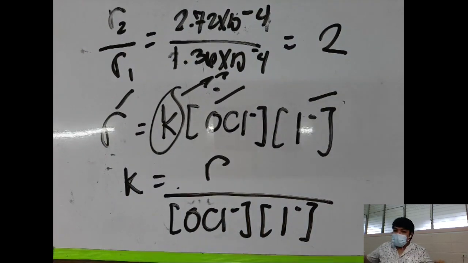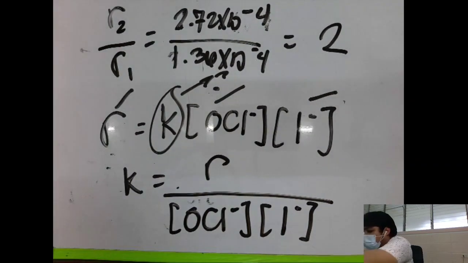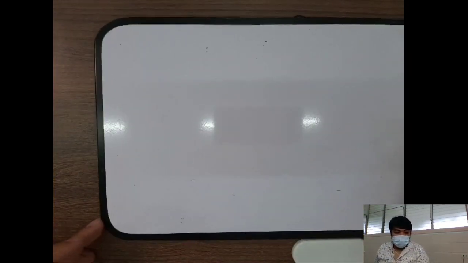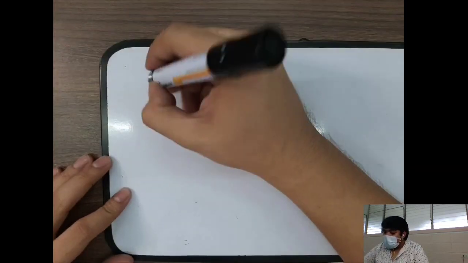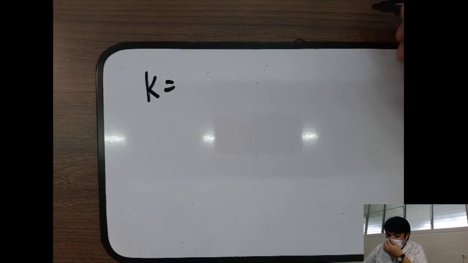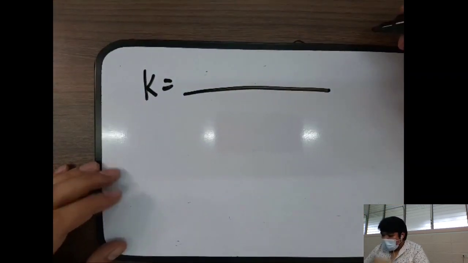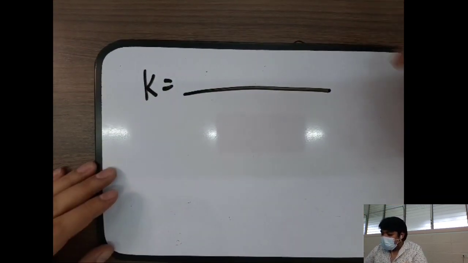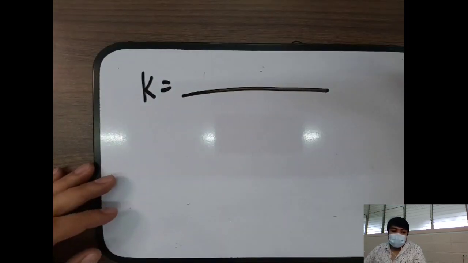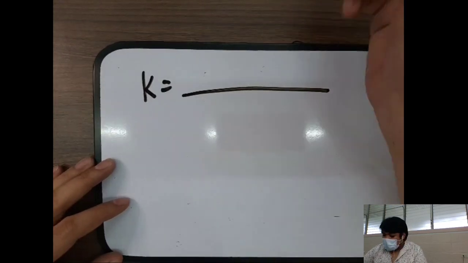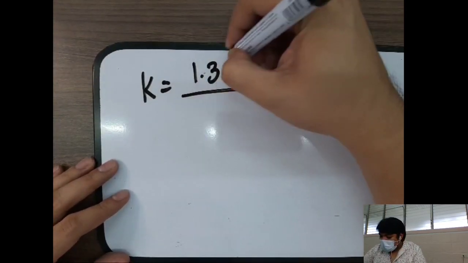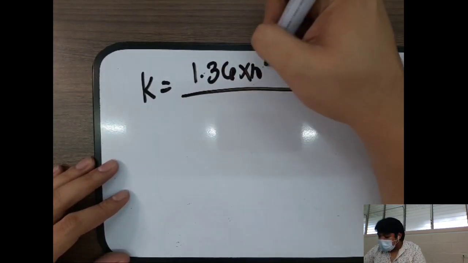Then we substitute our values. So I'll change my board. In order to know the unit for the rate constant, we write the appropriate units for all the values. So for the rate, it is moles per liter second, or molar per second. So it will be 1.36 times 10 to the negative 4.